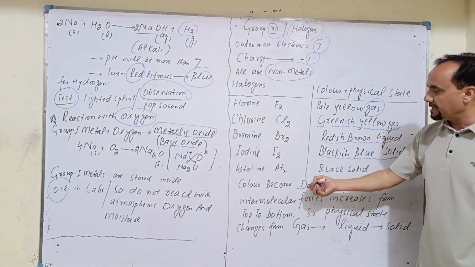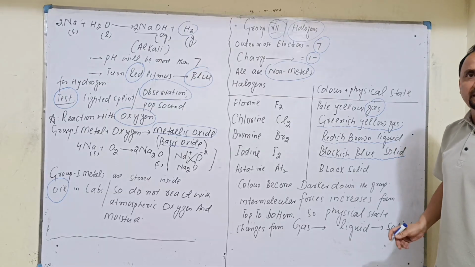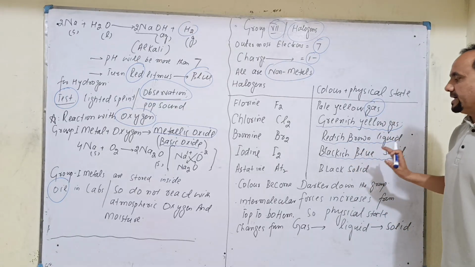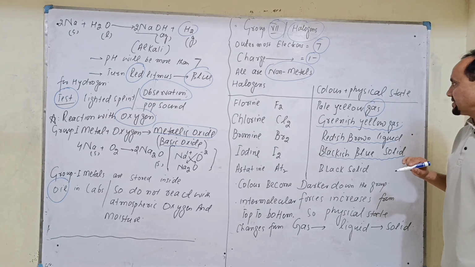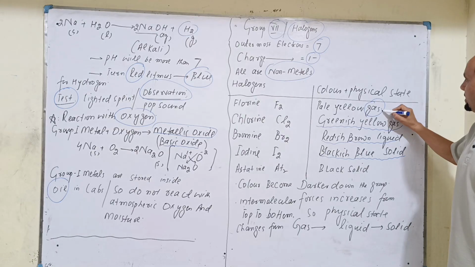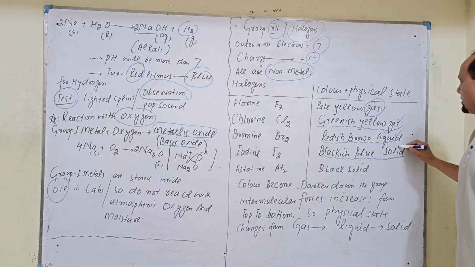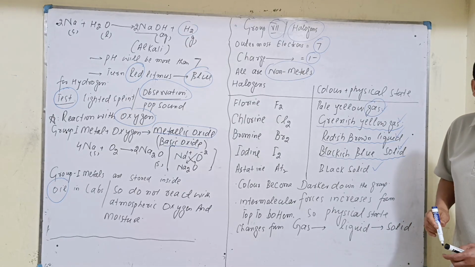The expected color and physical state for astatine should definitely be a black solid. Now just note down two changes. Look at the physical state. Fluorine is gas, chlorine is gas, bromine is liquid, iodine is solid, and astatine should be a solid.